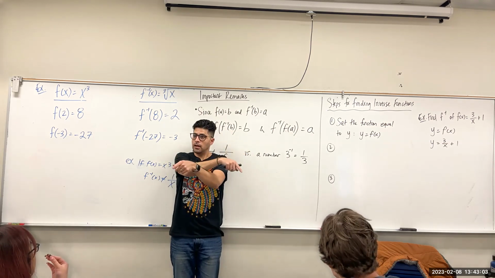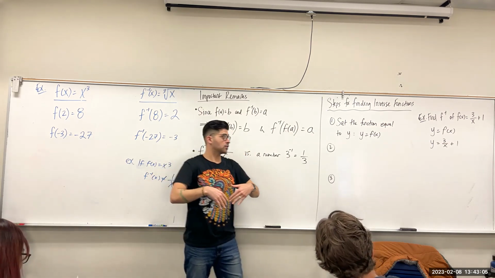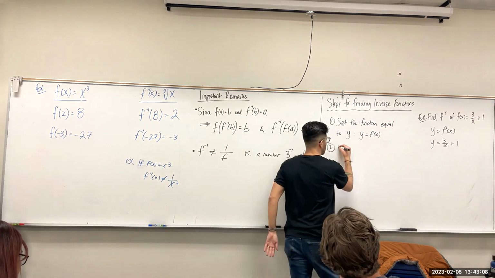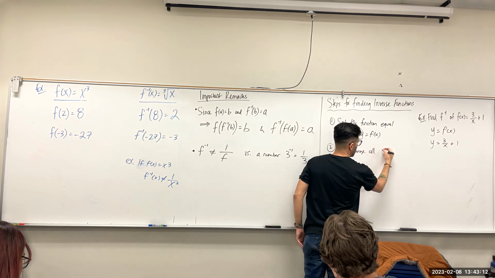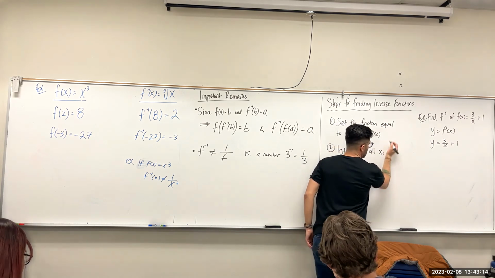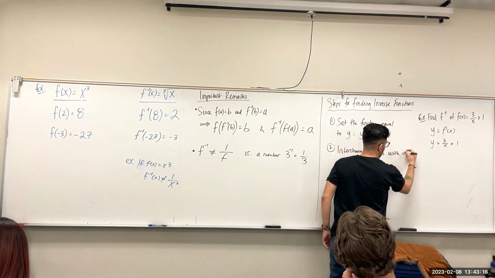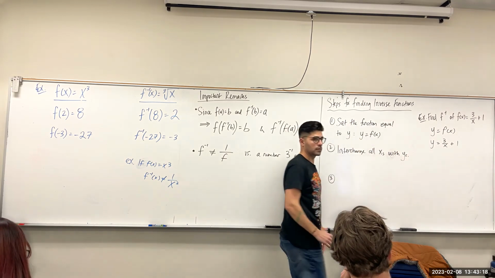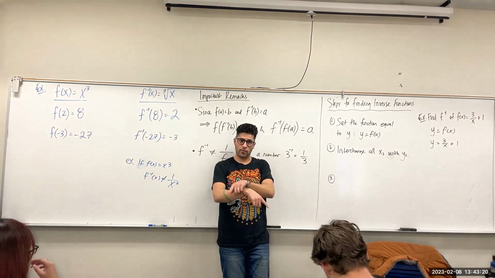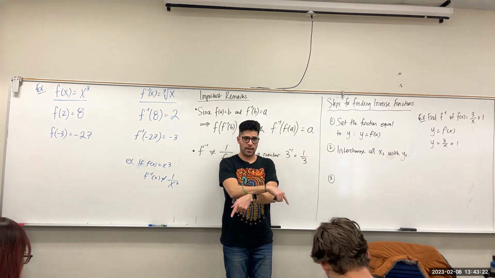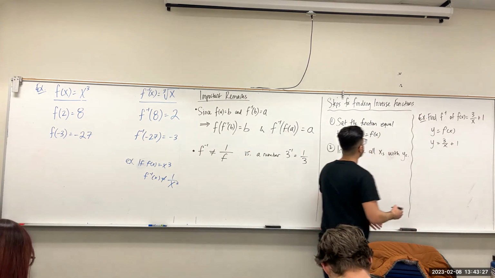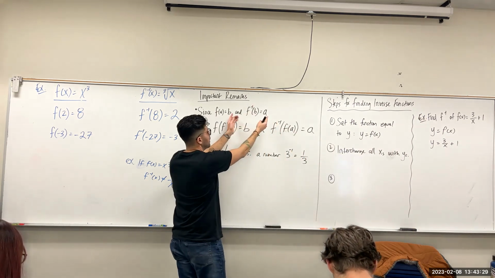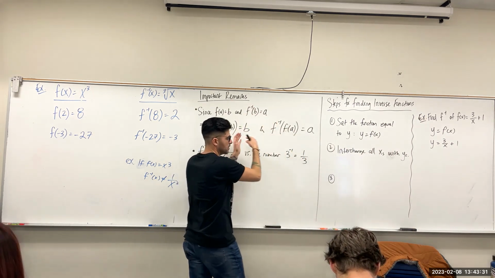In the next step, you're going to interchange all x's with y's. Anything that's an x, you rewrite as a y, and anything that's a y, you rewrite as an x. That's because of the inverse property that inputs become outputs and outputs become inputs.